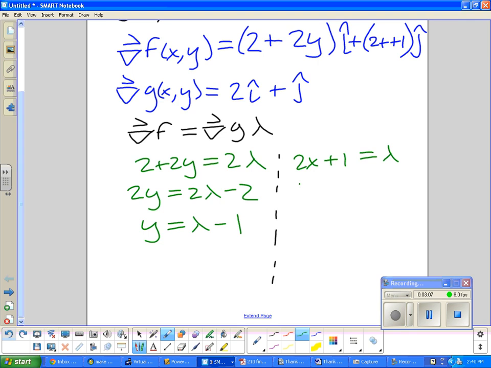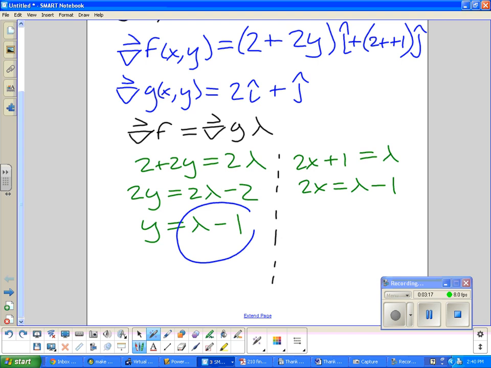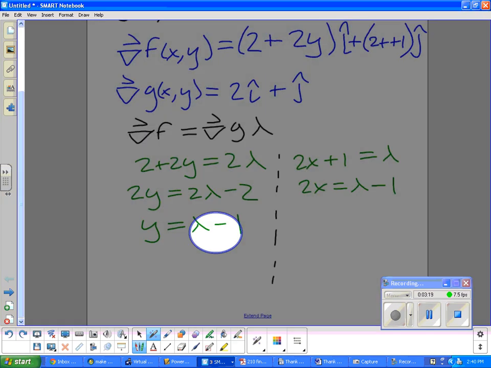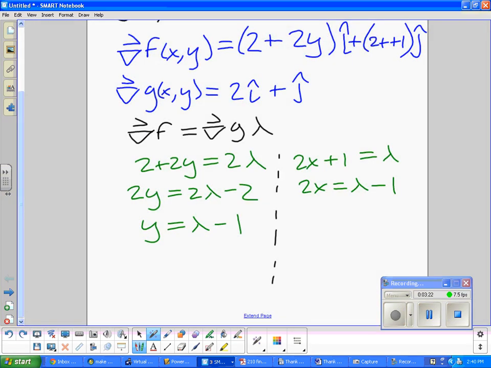And over here we get 2x equals lambda minus 1. We just found that over here, so we're going to substitute lambda minus 1 for y.